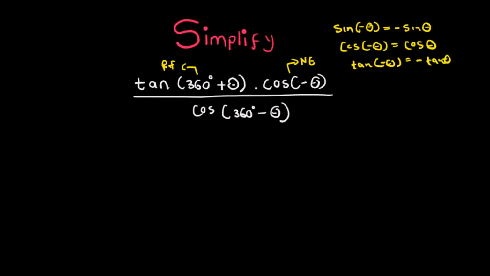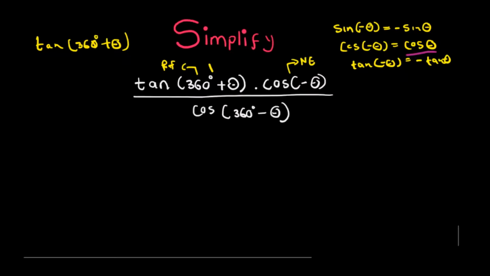So for this problem, it's cos of a negative angle, meaning that it's going to be positive cos of theta. As for the tangent, which we're going to reduce, it's tan of 360 degrees plus theta, which is in quadrant 1.